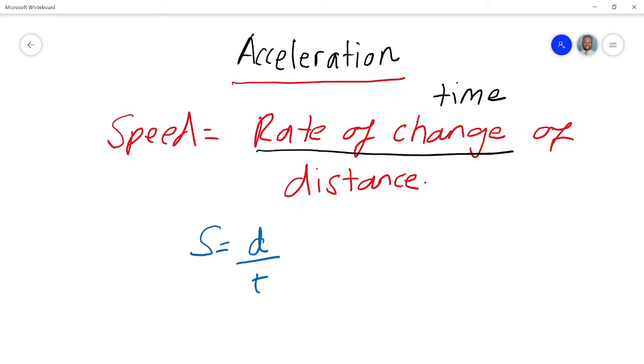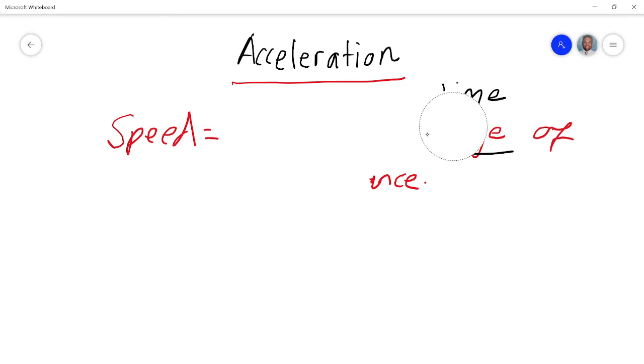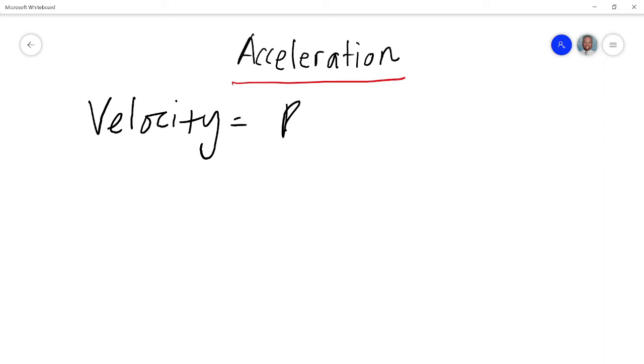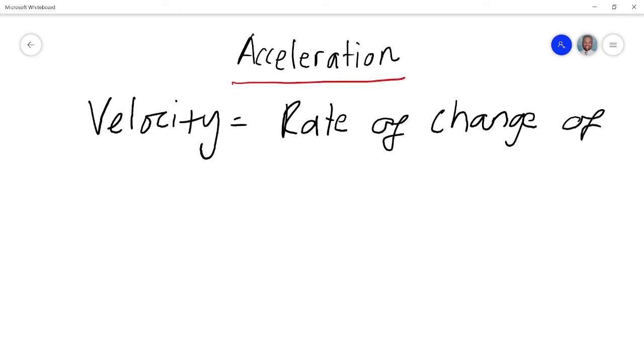Now, let's visit another concept called velocity. If we define velocity, it's rate of change of displacement.